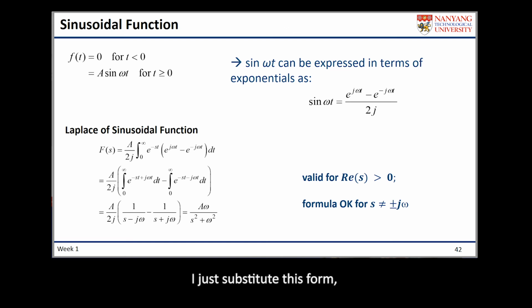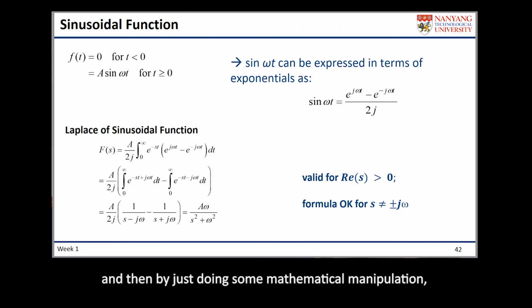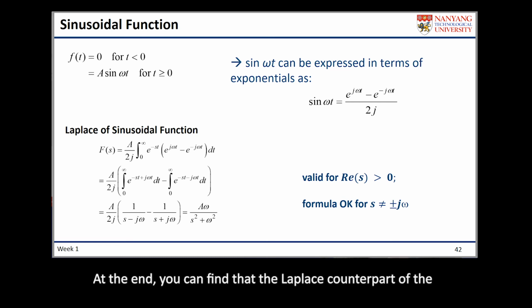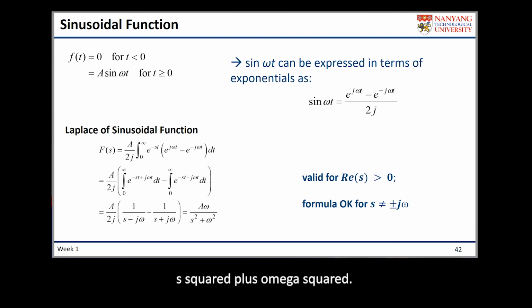I just substitute this form into the f(t) in the definition of the Laplace transformation, and then by doing some mathematical manipulation, I can solve this integration problem. At the end, again, I will leave it to you. I show the working steps here. You can just follow these steps. At the end, you can find that the Laplace counterpart of the sine function in the time domain will be equal to this one. F(s) will be equal to A omega divided by s squared plus omega squared.